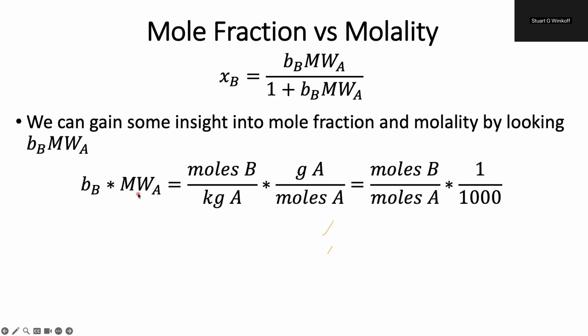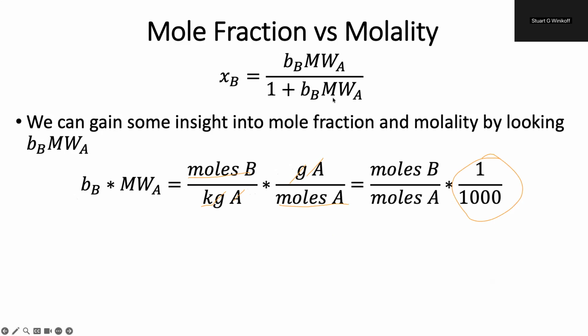Well, the molecular weight is going to give me grams of solvent over moles of solvent. So when we do this, we have some nice cancellation. I can cancel out the grams of A. Notice I'm still left with this kilo, so I have a factor of about 1,000 that I have to deal with. But really what I get is a ratio of moles of solute to moles of solvent.